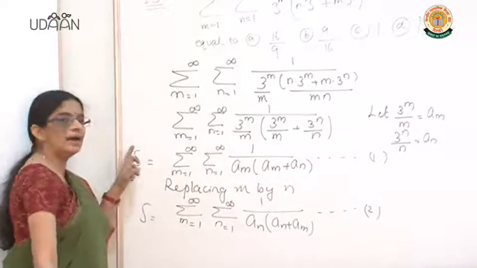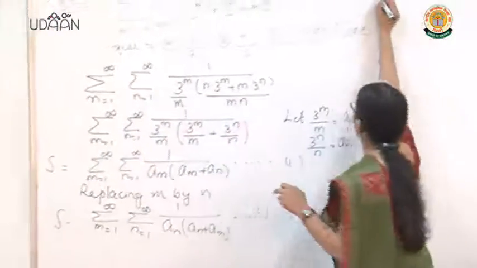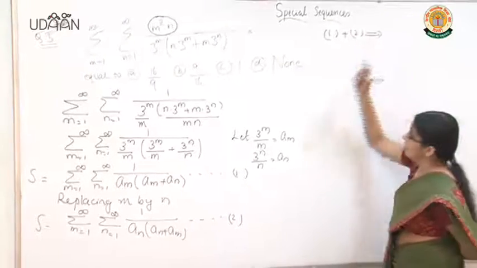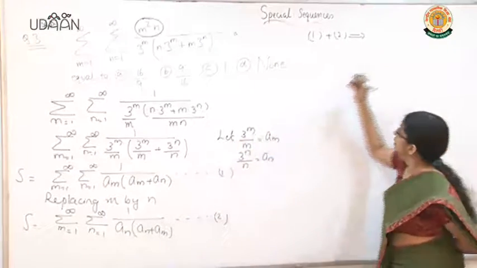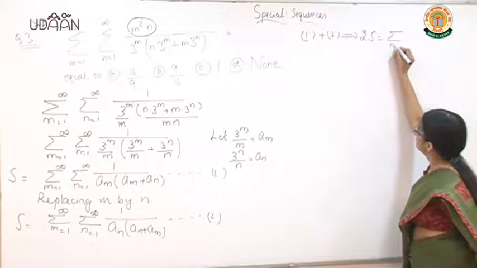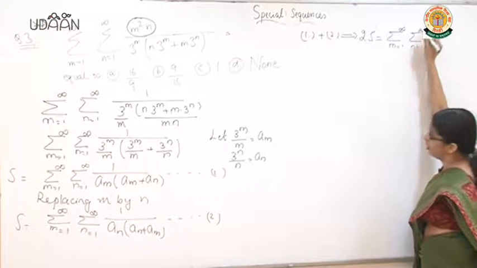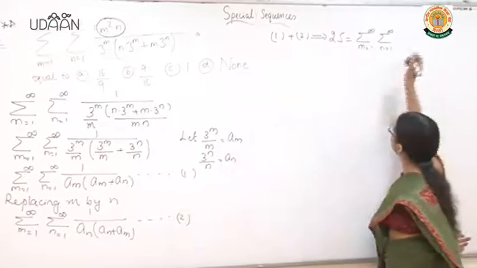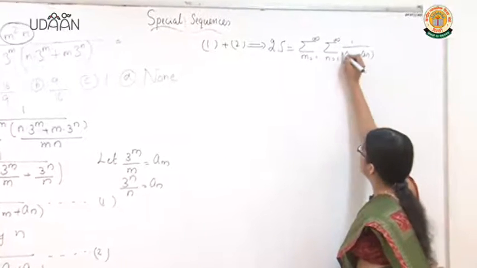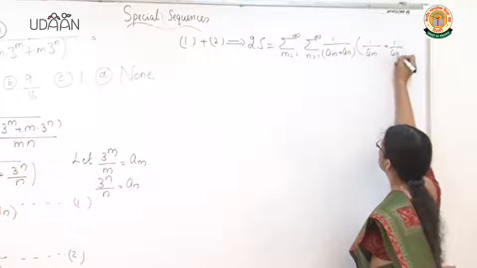Now, add equation number 1 and 2. Left hand side is S plus S, which will be twice of S, equal to sigma m equal to 1 to infinity, sigma n equal to 1 to infinity of 1 by a_m plus a_n, taking out the common factor, you are left with 1 by a_m plus 1 by a_n.